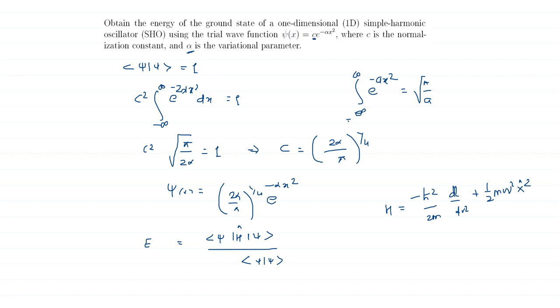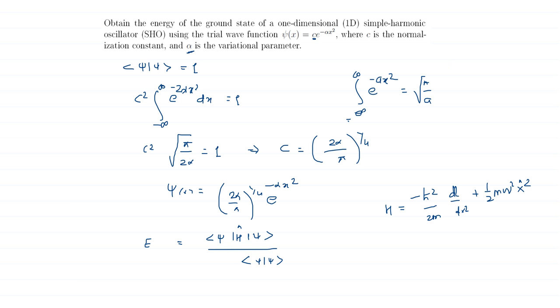Let us just calculate this. We know what psi is and we know what the H operator is. One more thing: since this psi includes alpha, which is our variational parameter, E will be a function of alpha. Since we have to minimize this with respect to alpha, it is better to write it as E of alpha.